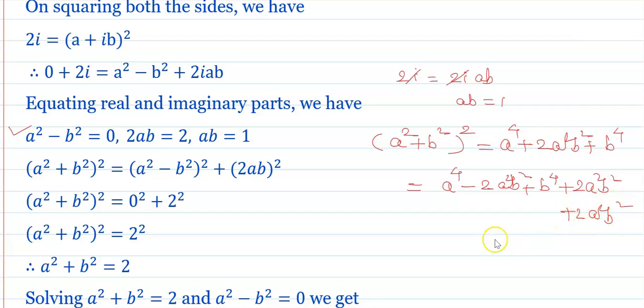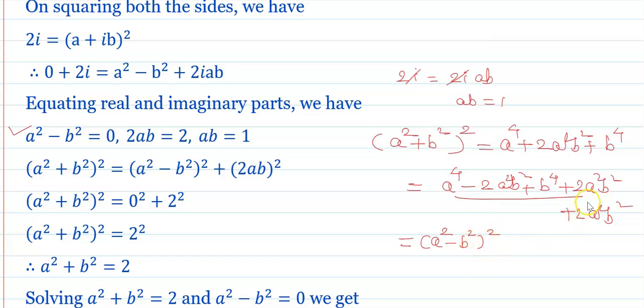Okay, and therefore you will get here in bracket this is the expansion of a square minus b square whole square, plus this is the expansion of first three terms, I will write here a square minus b square and whole square.